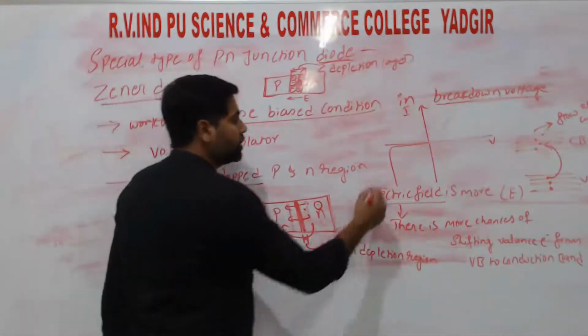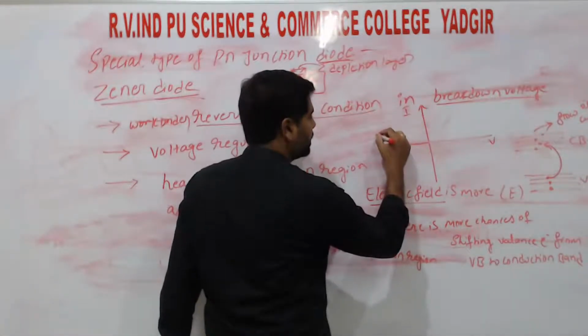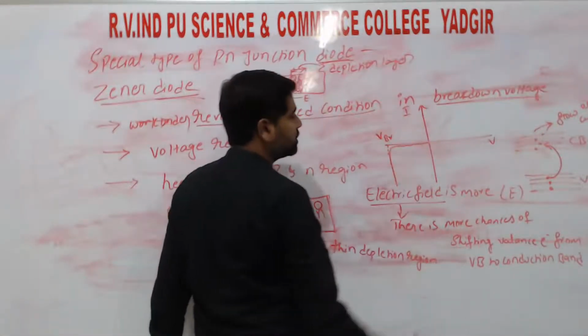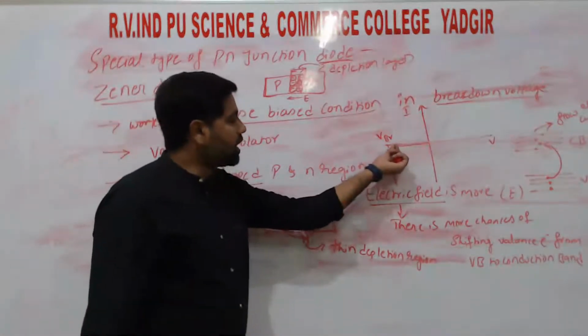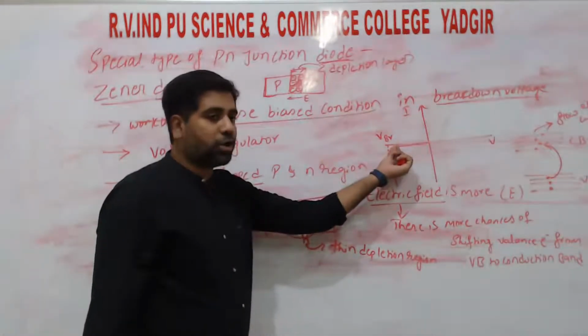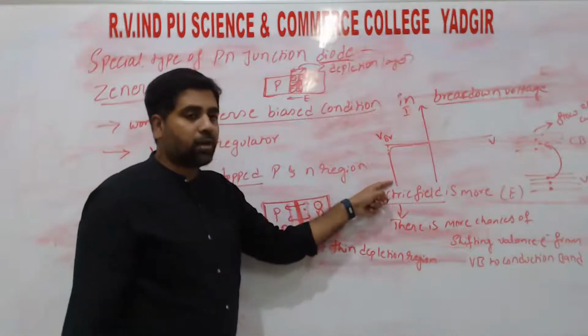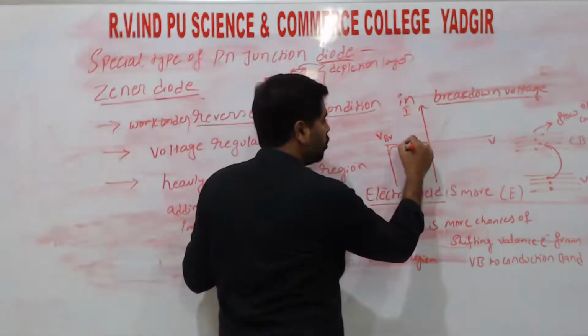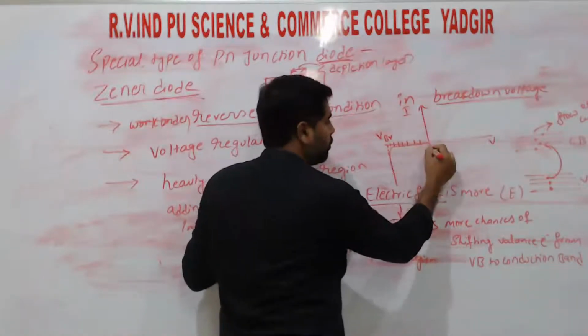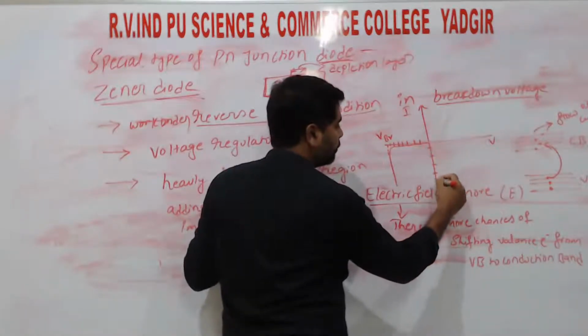That voltage we call the breakdown voltage, right? For a small change in the voltage, we get the maximum current. From here to here we are applying the voltage, but the current is less.